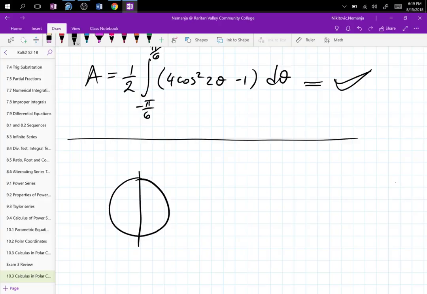So we have a circle, and now the cardioid goes out. There we go. Now, in the book, they're asking you to compute the blue area over here.